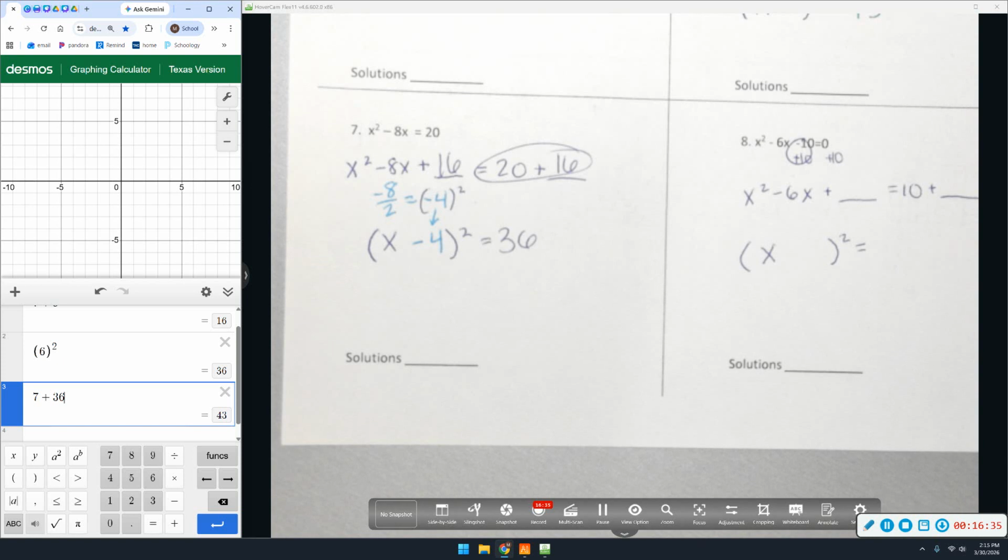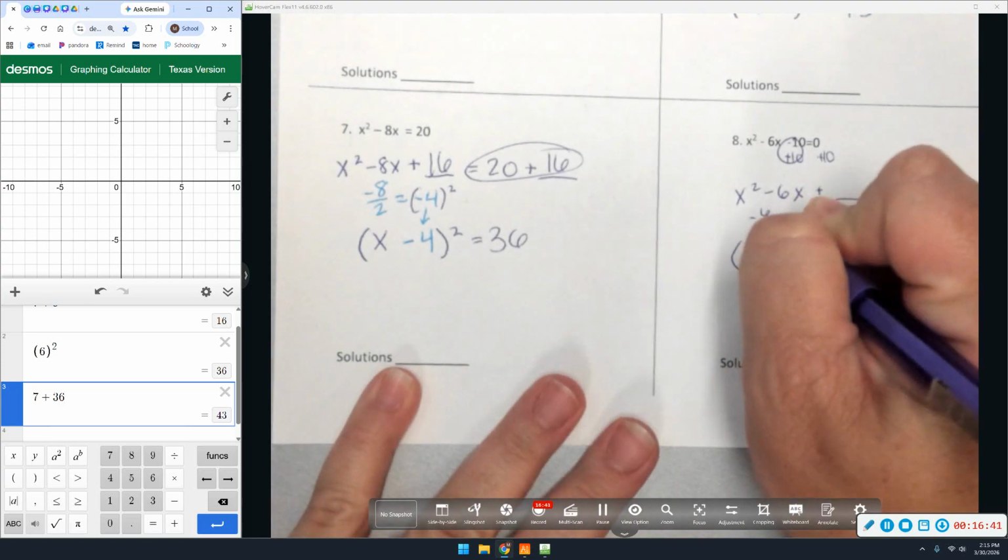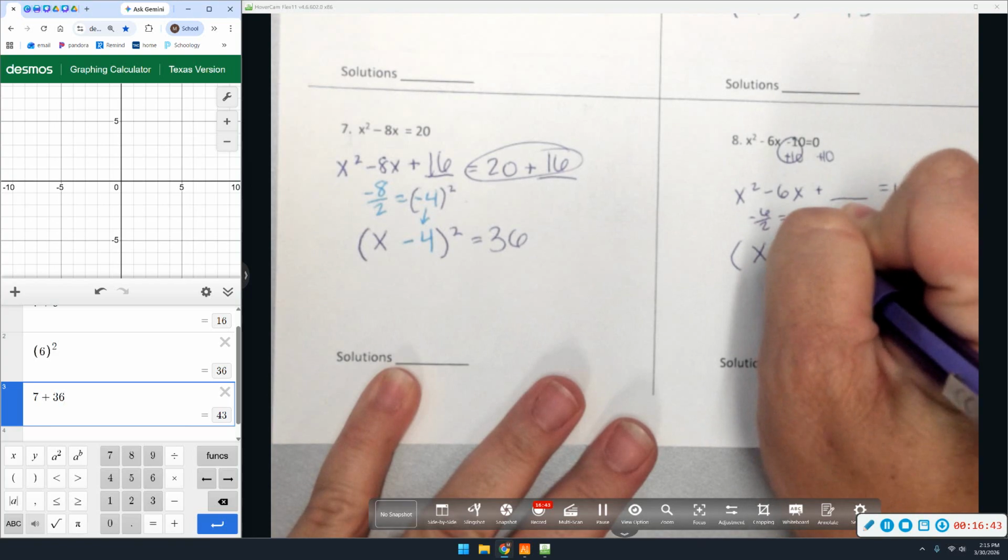Okay, so what is half? -3. So half of our b term is -3, which goes here.